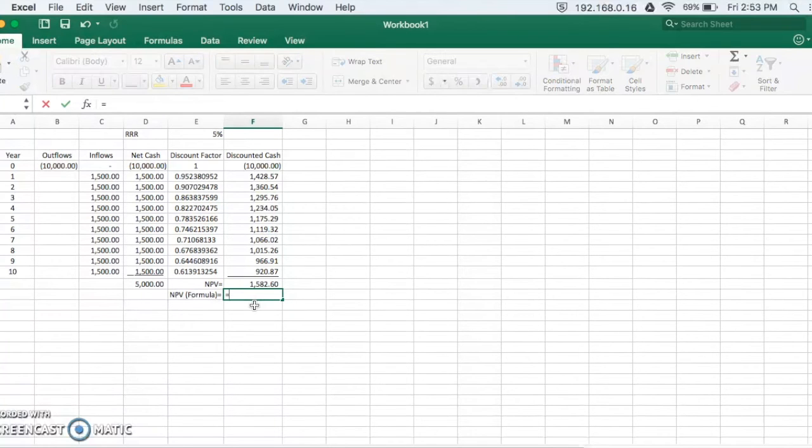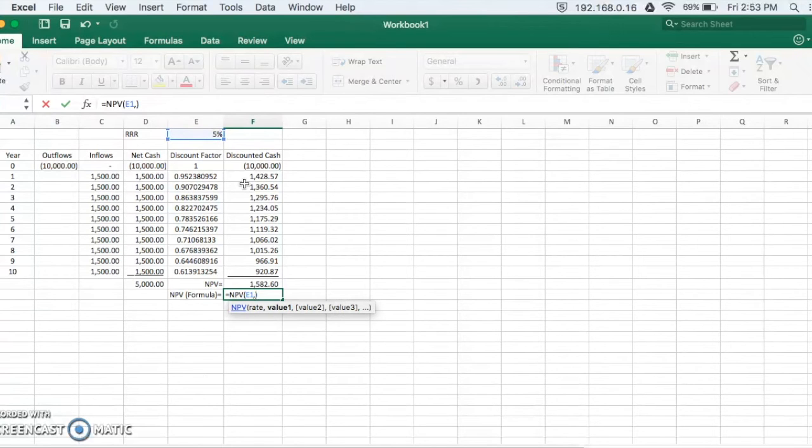You would say equals, and you'd say NPV, right? And there's your function. The first input to the function is the rate of return, and this is annual. Always be aware, we are doing this by year. If we were not, and say these were months, you would have to turn the annual rate into a monthly rate.